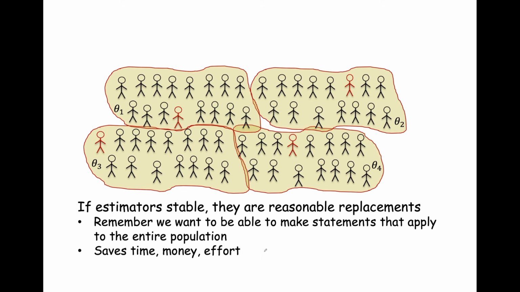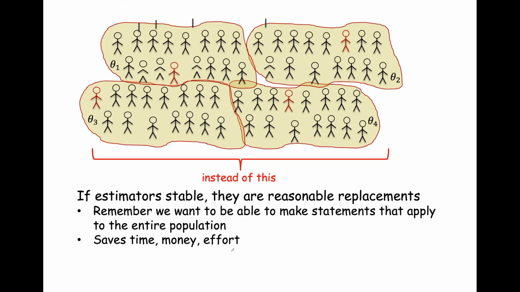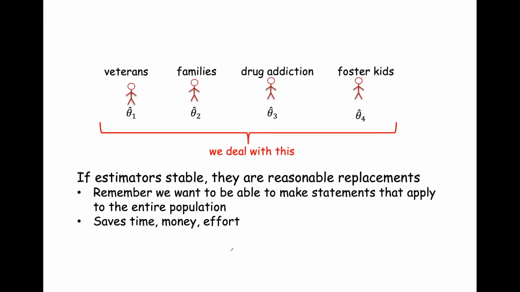And this is going to save us time, money, and effort, because even for a town the size of Dover, 37,000 people roughly, you'll never be able to find out with absolute precision all of the homeless population. So instead of dealing with the population, you're dealing with these estimators, these theta hats, for each one of these subgroups.